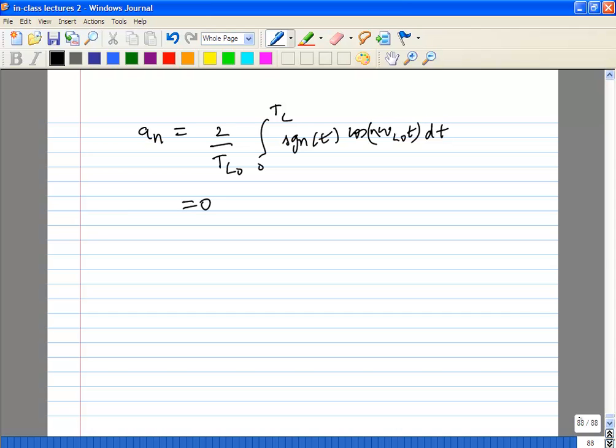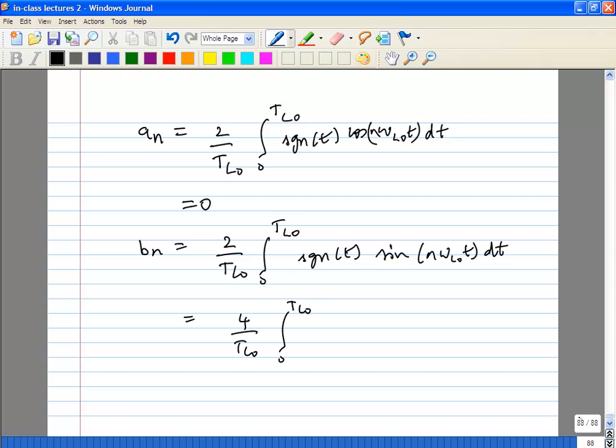All the cosine terms will also be 0, because signum is an odd function, we already know that. So this will be nothing but 4 over TLO, integral of 0 to TLO by 2.